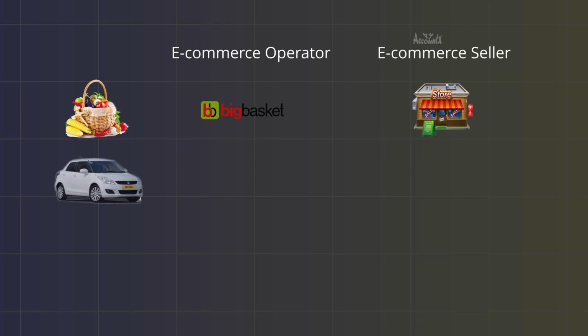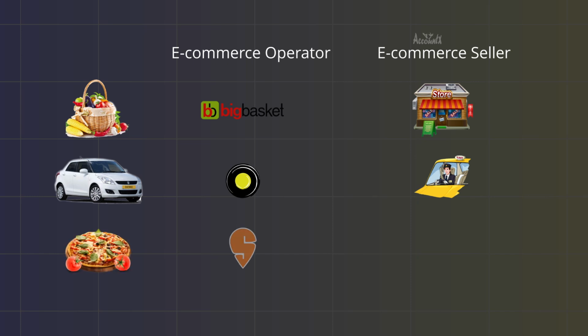Or if you book a cab using Ola app, Ola is the e-commerce operator and the cab driver is the e-commerce seller. Or if you order pizza through Swiggy, Swiggy is the e-commerce operator and Pizza Hut is the e-commerce seller and so on.